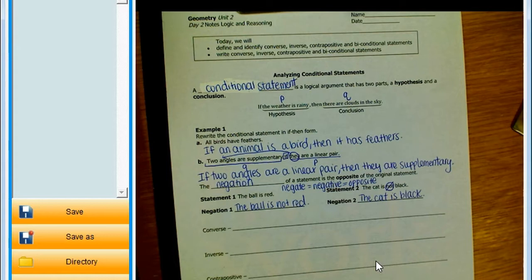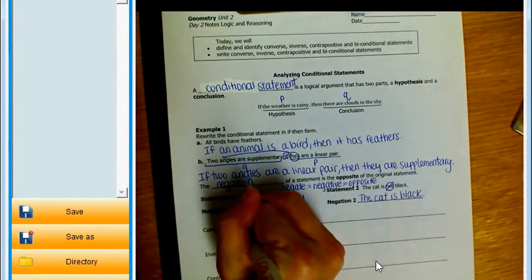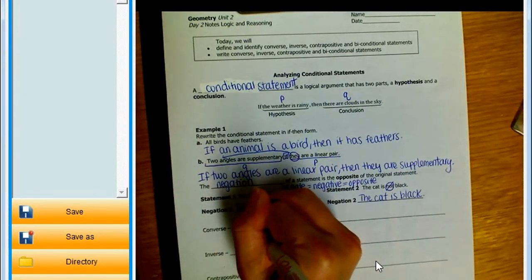Now let's discuss the different types of statements and how to write them. The converse, you need to flip the hypothesis and conclusion.